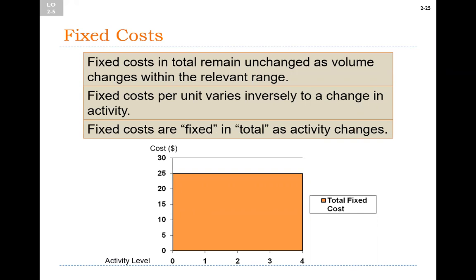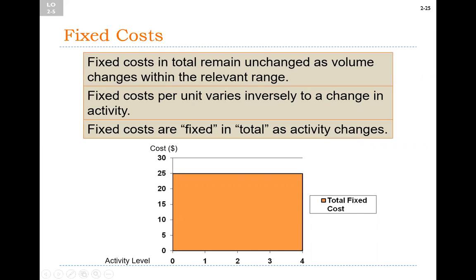So if we say the activity level is days, as long as you've signed the lease, whether you spend the night for 30 days or 10 days, you still have to pay that amount. So a fixed cost in total remains the same regardless of the level of activity.